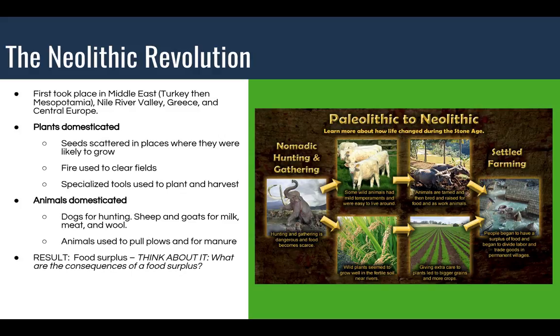But in general, we tamed plants and animals. We figured out that seeds were scattered in places where they're likely to grow. We used fire to clear fields, and we developed tools specifically for hunting. And you can take a look at the chart on the right to see how this happened.